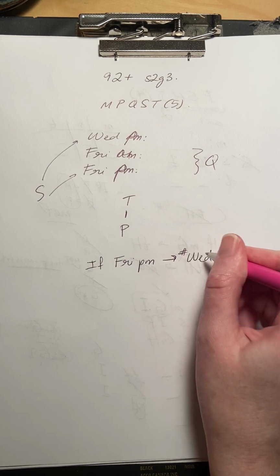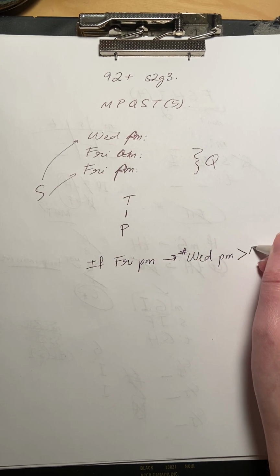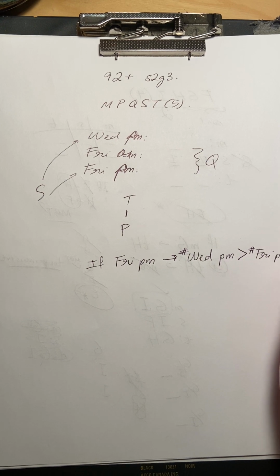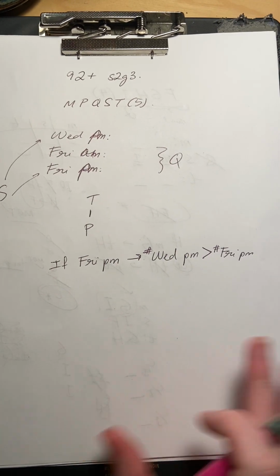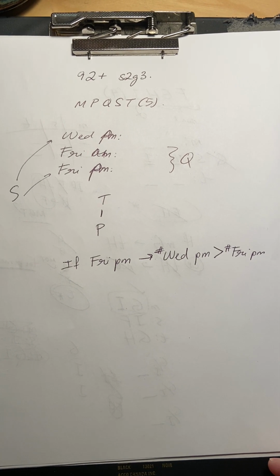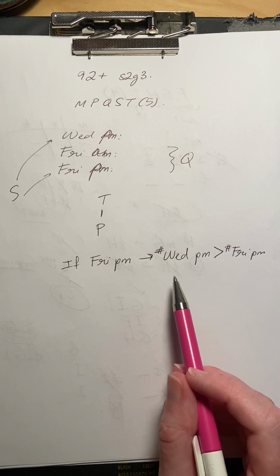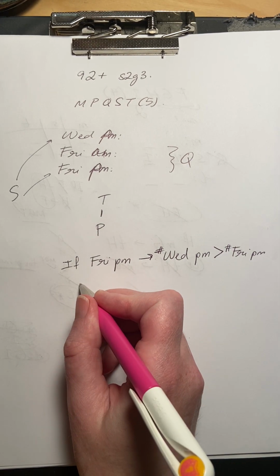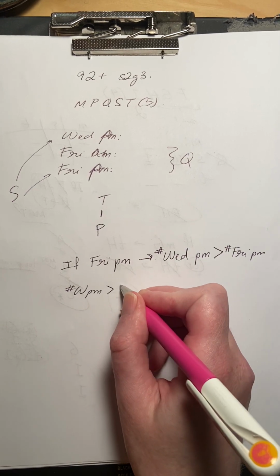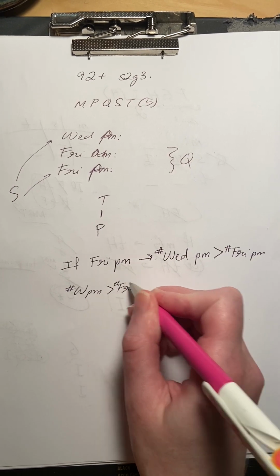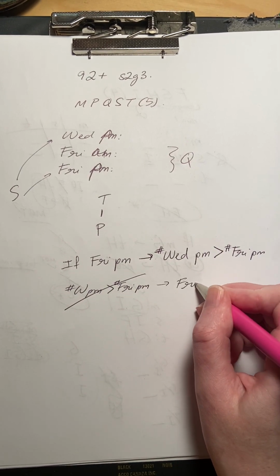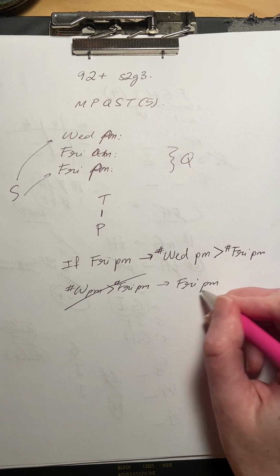Okay, so the number on Wednesday PM is going to be greater than the number on Friday PM. If it's not possible for the Wednesday afternoon to have more than the Friday afternoon, then we're going to ditch Friday afternoon altogether.